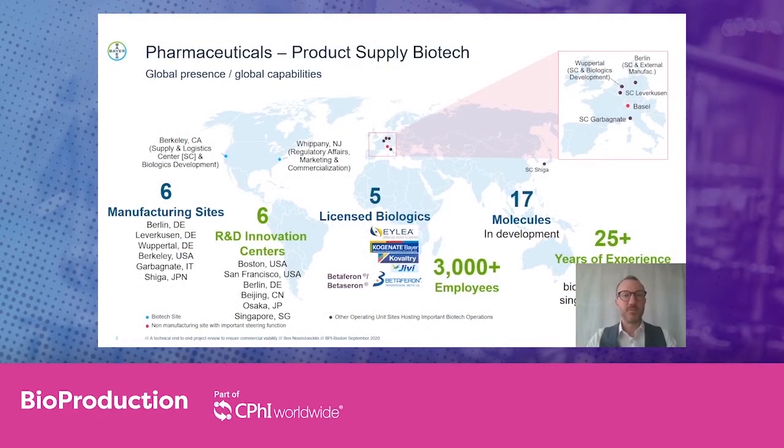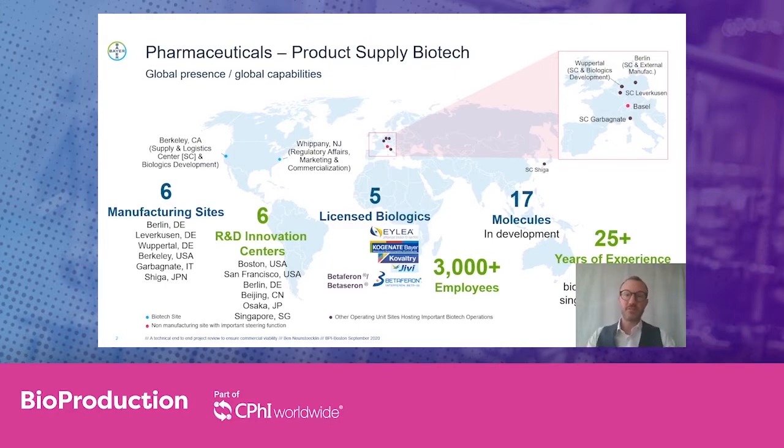Before I start with the topic, I quickly wanted to introduce the biopharmaceutical product supply Biotech organization and its core capabilities. We have 6 manufacturing sites distributed globally through Berlin, Leverkusen, Wuppertal, Berkeley, Gabbaniate, and Shiga, and 6 innovation centers in Boston, San Francisco, Berlin, Beijing, Osaka, and Singapore.